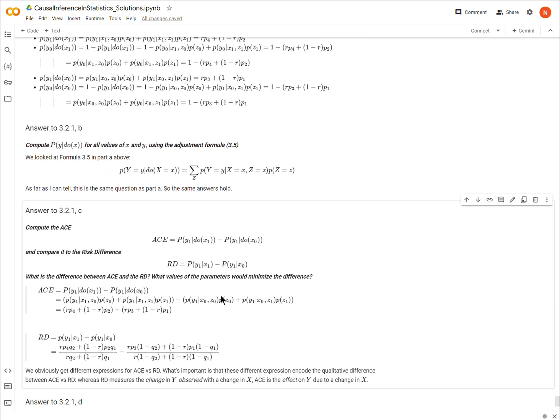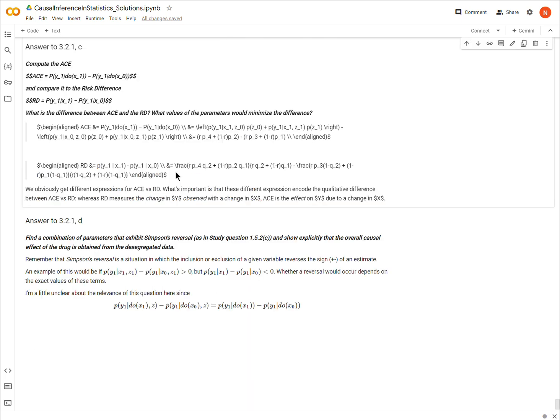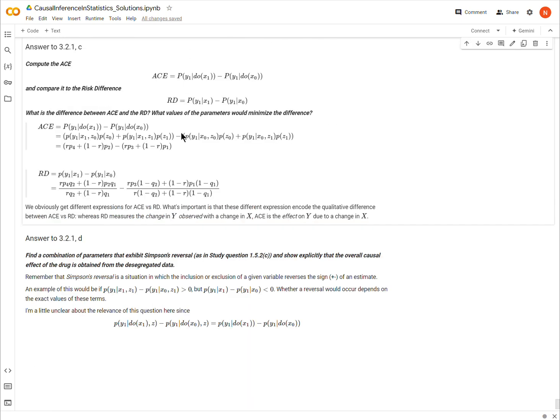Conversely, the risk difference is only using these conditional probabilities, which is not marginalizing over z, the confounding factor, and therefore the confounder is very much active here in the risk difference. So especially if people are more or less likely to receive or not receive the treatment given z, then this is going to be different than that.